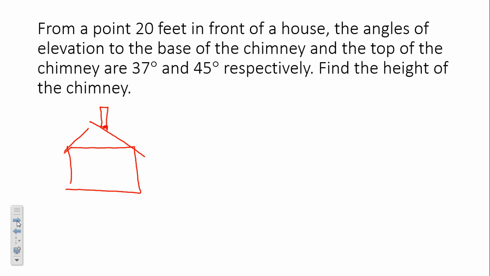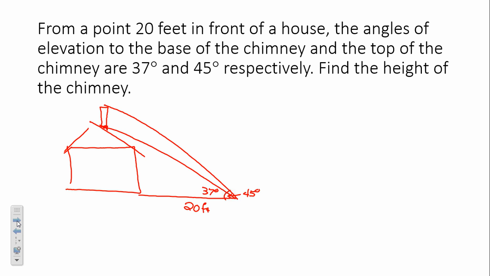From a place 20 feet away, we have an angle of elevation to the base of the chimney that is 37 degrees, and an angle of elevation to the top of the chimney that is a total of 45 degrees. How can we find the height of the chimney?